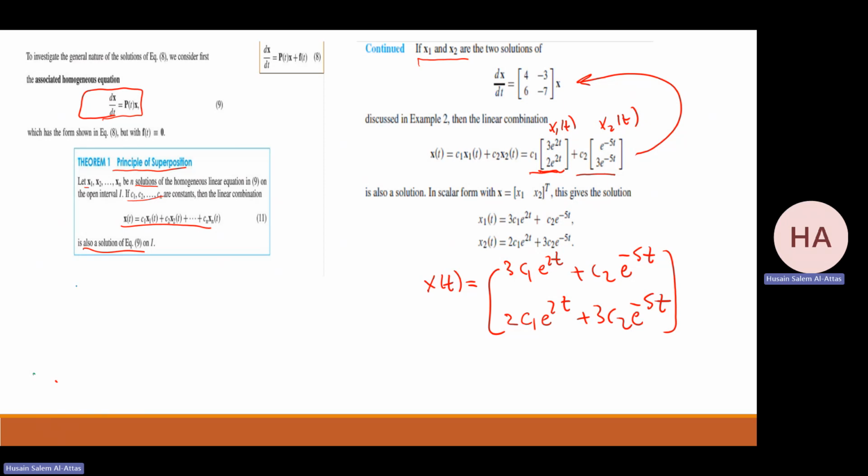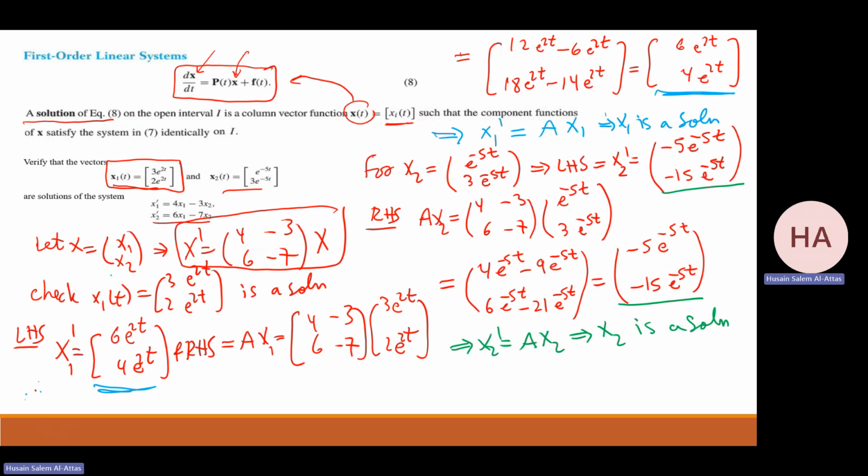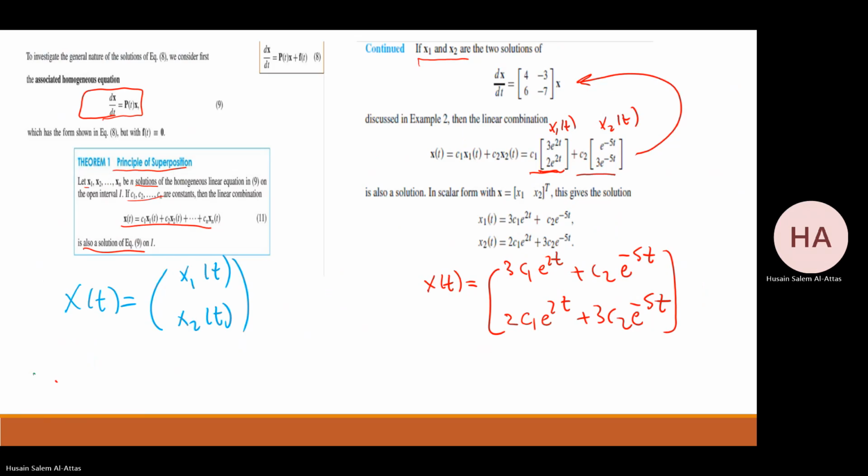Don't forget, we write the solution x of t as x1 of t, x2 of t. Remember, when we make it as a system, x equals x1, x2. So my x1 is this function, and this is what they wrote here. And x2 is this one, which they wrote here.